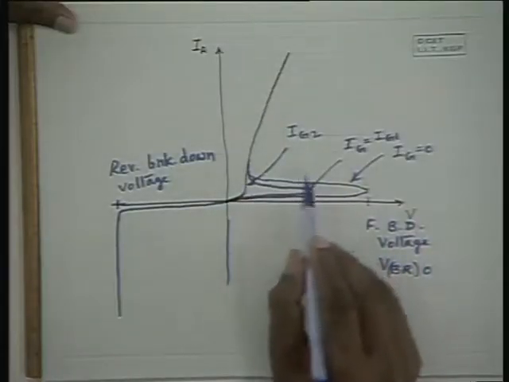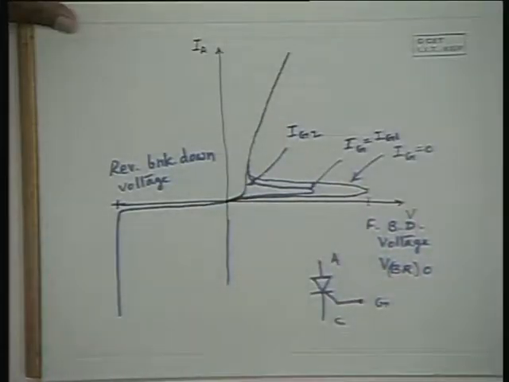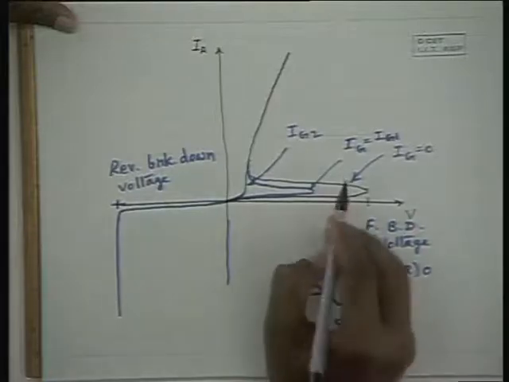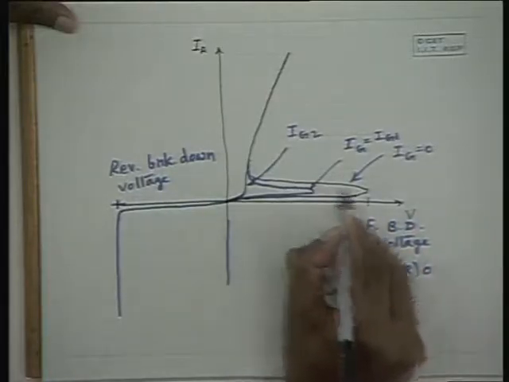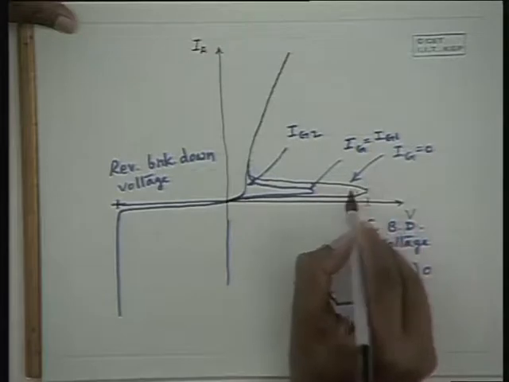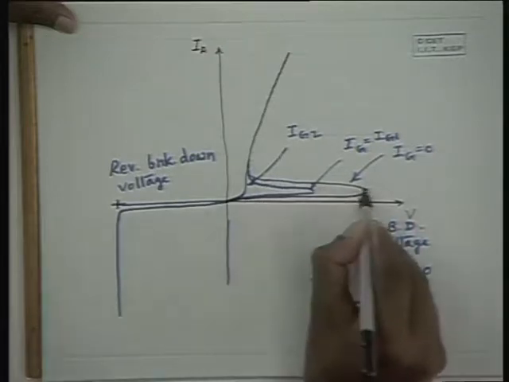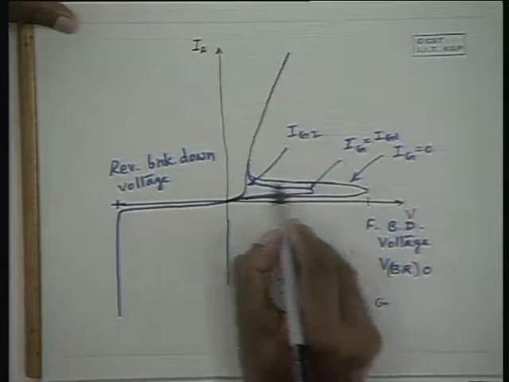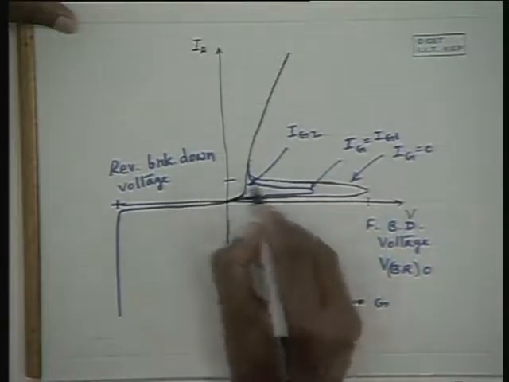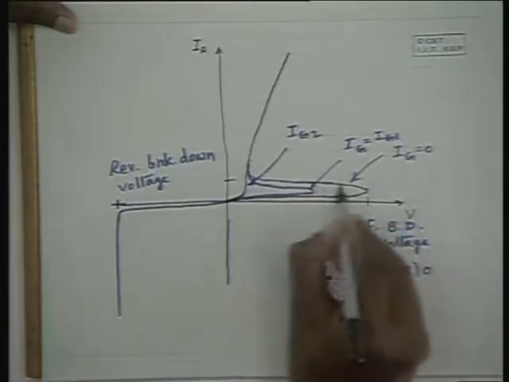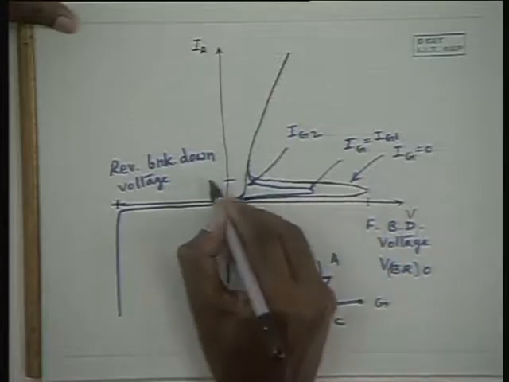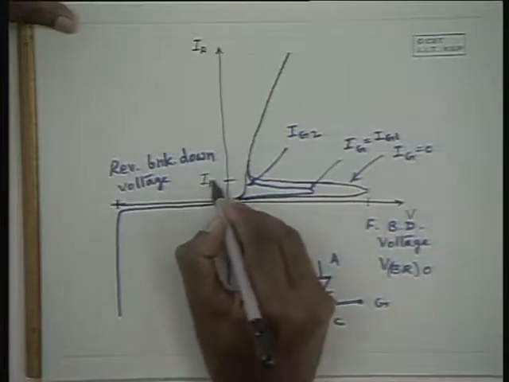Now, under different gate currents, the characteristics are as follows, as I have mentioned. Please note that this horizontal line is known as the holding current, IH.